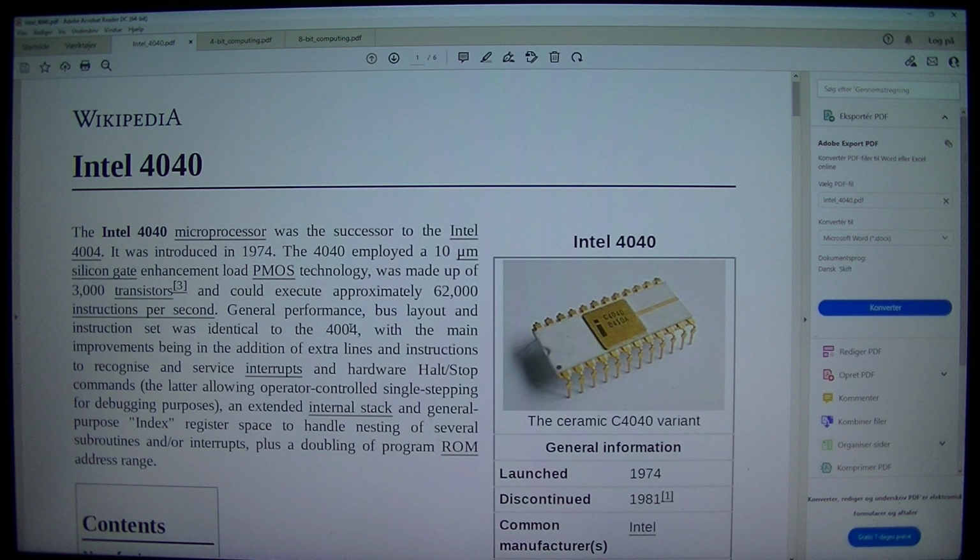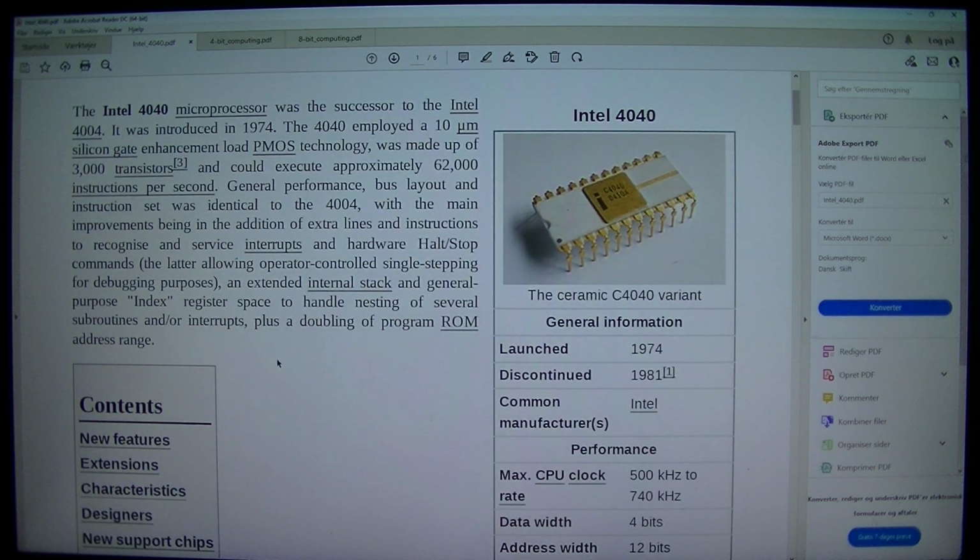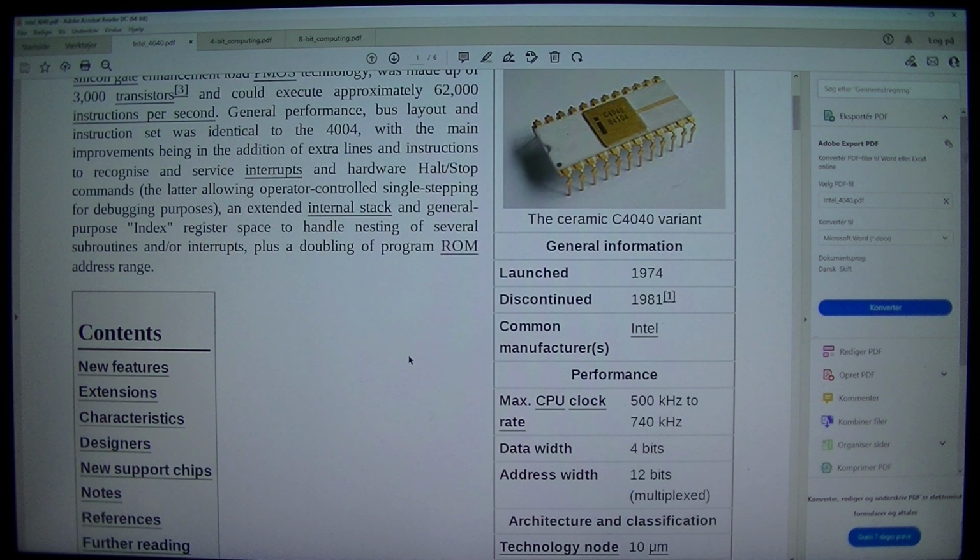General performance, bus layout and instruction set were identical to the 4004, with the main improvements being the addition of extra lines and instructions to recognize and service interrupts and hardware halt/stop commands, the latter allowing operator-controlled single-stepping for debugging purposes, an extended internal stack and general-purpose index register space to handle nesting of several subroutines and/or interrupts, plus a doubling of program memory address range.